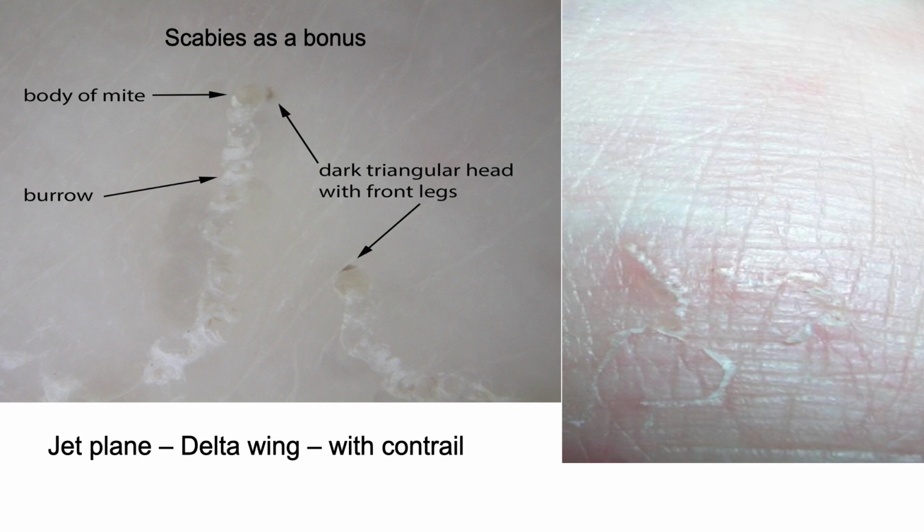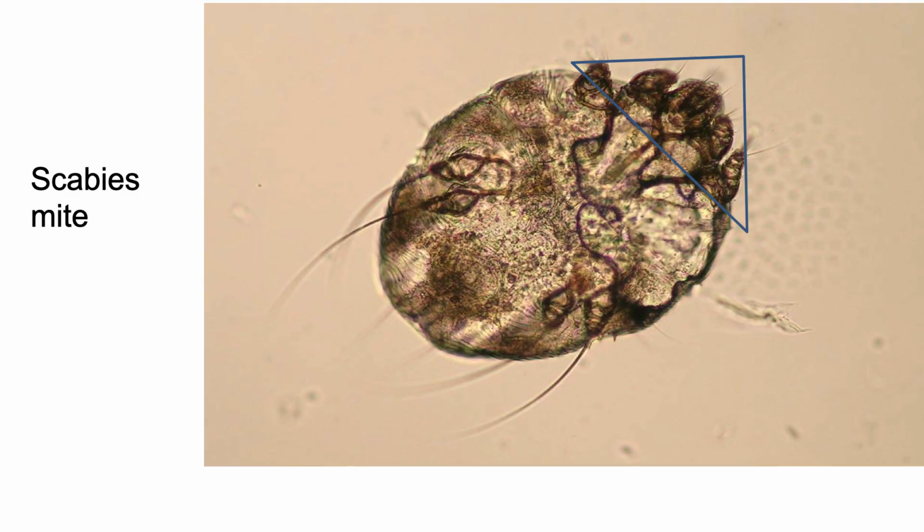And then a bonus for us with our dermatoscopes is that we can diagnose scabies better than ever before, because you can see the burrow with the front triangle and the oval bodies. Here's the clinical, but dermoscopically we get so much more information. And the reason we get the triangle is from the head and the four front legs.